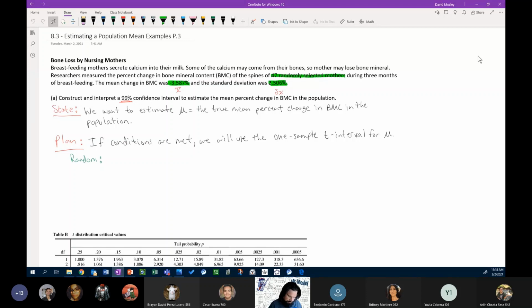Right, random. All right, we have 47 mothers who were randomly selected. So that condition is met. We are sampling without replacement, so we have to check our 10% condition.